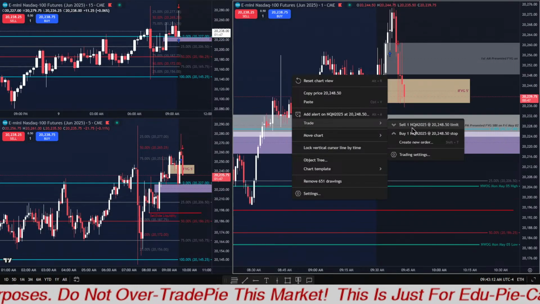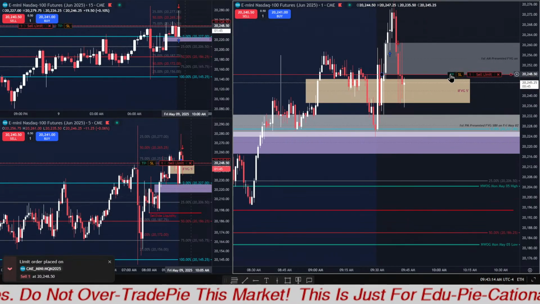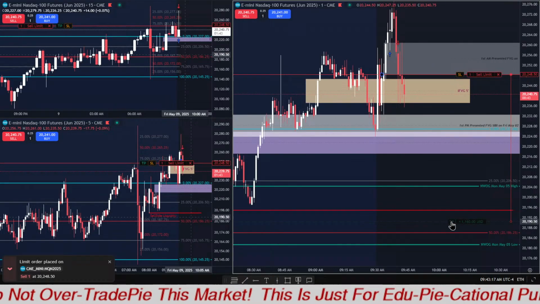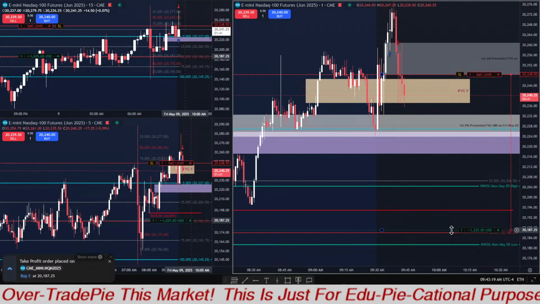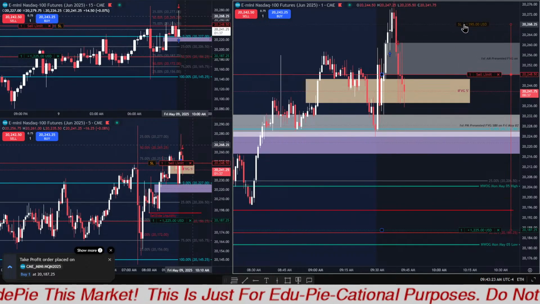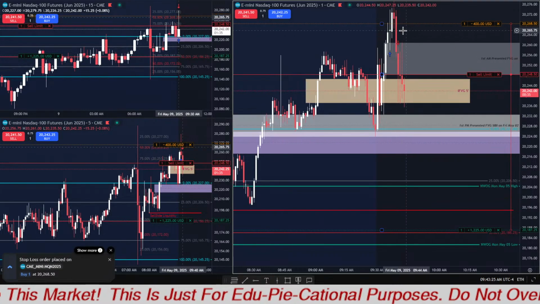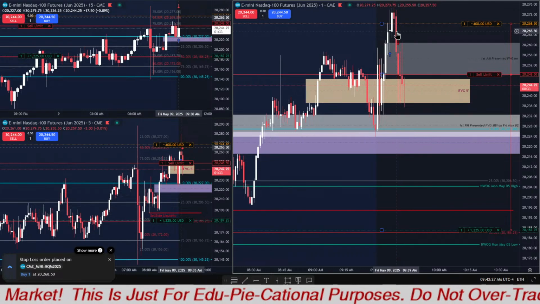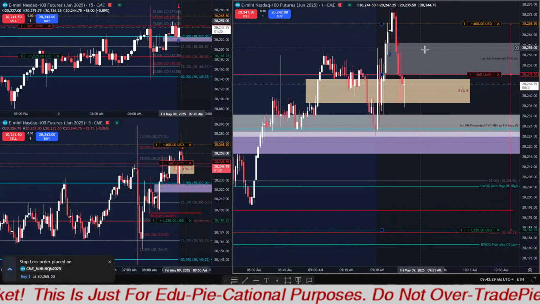To go short, aiming to the 50% of the opening range gap, and the stop can be covering this BC formed over here.